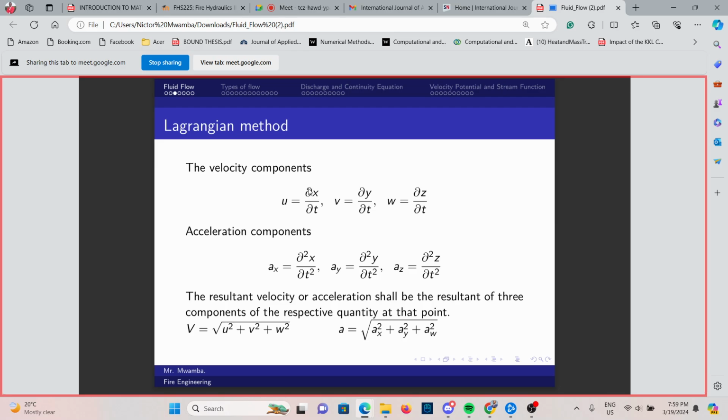If you have, let's say, x1 and x2, this simply means x2 minus x1, the difference between 2 points along the x-axis. This is what this delta here means. Now, the delta here on time means the difference between 2 points in time.